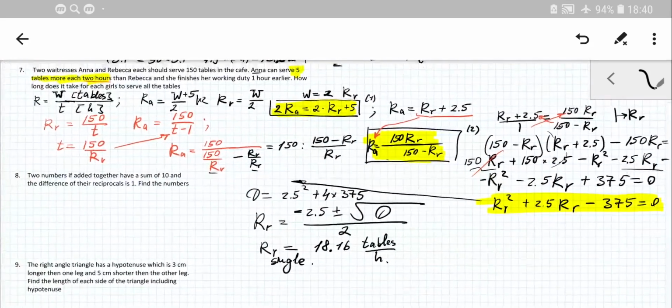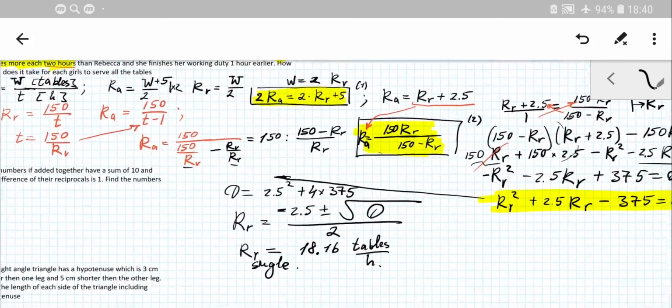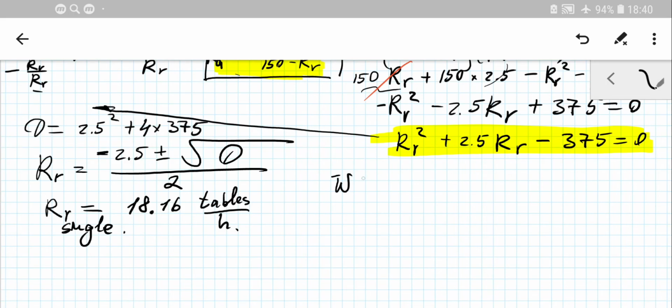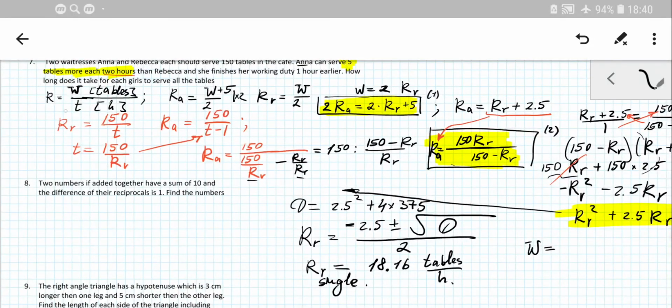So now, how many hours do we need for 150 tables if we use this rate? That's the work done, and if we rearrange this equation, we can get the work done in time. Actually what we need is time in hours, so we need to rearrange so that we can get the time from there. Time is always work over rate.